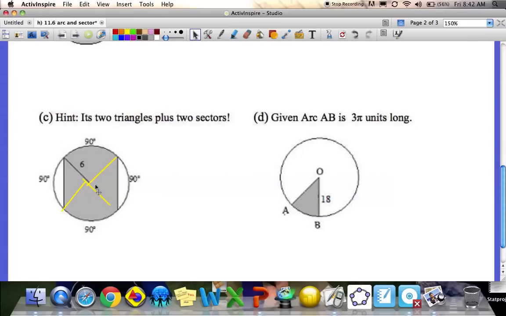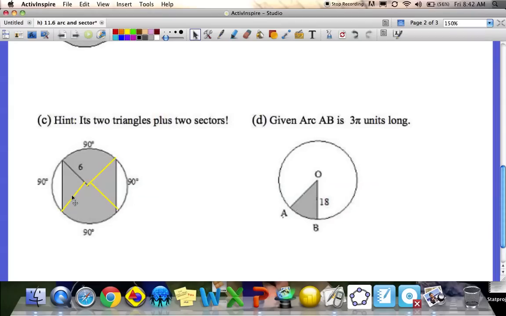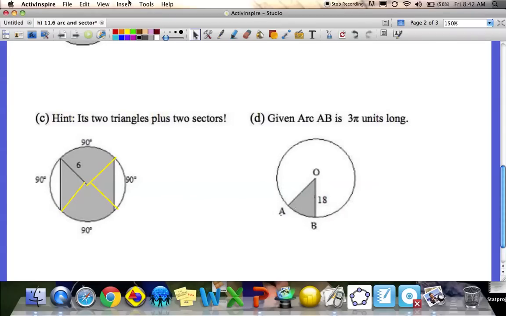I'm making a gosh awful mess. Something like this. So let's see, hot pink, you think? So each of these are right angles.